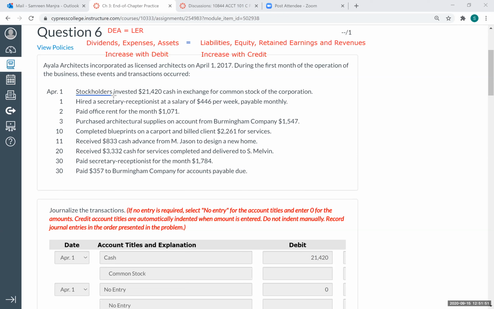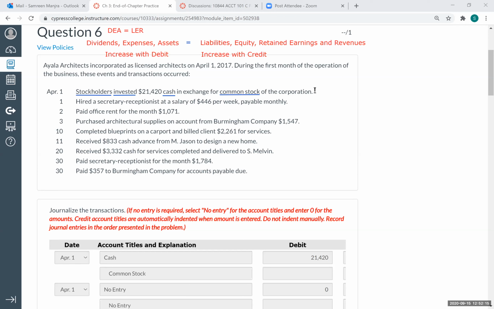Well, they invested an amount of cash. So I know cash is increasing because I've received an investment in exchange for common stock of the corporation. So when you know what accounts are being impacted, then you can apply the debit and credit rules.